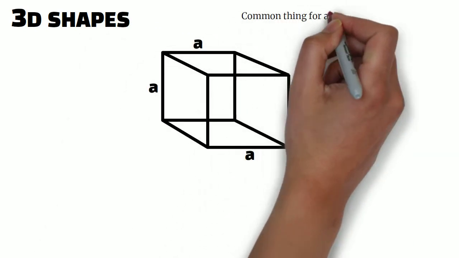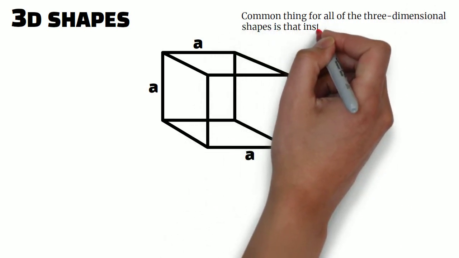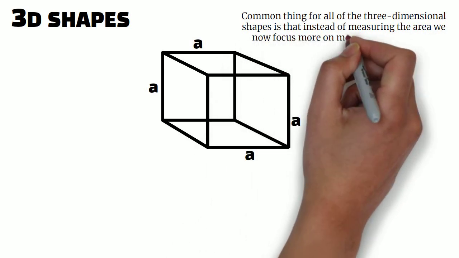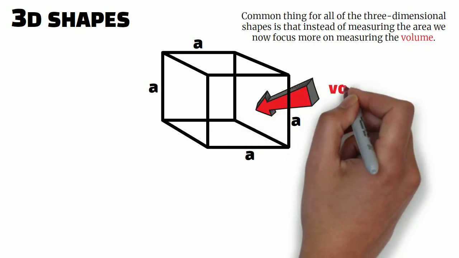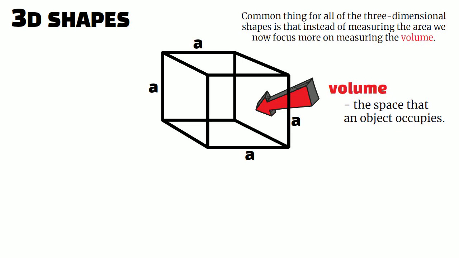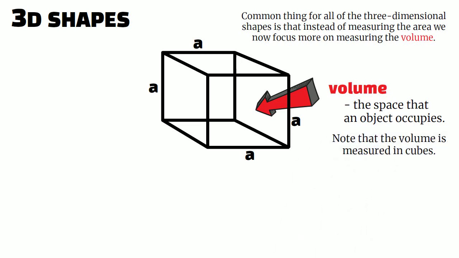One common thing for all of the three-dimensional shapes is that instead of measuring the area, we now focus more on measuring the volume. Volume is the space that an object occupies. Note that the volume is measured in cubes.